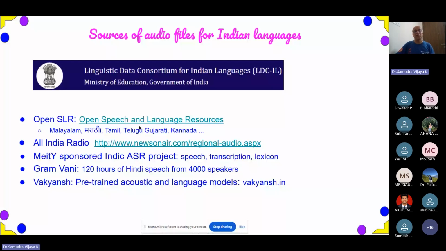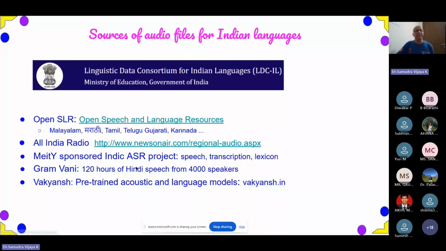All India Radio is another source. They transmit, they read news. And not only do they read the news, but the corresponding text is also there, because the news reader is actually reading a text in the native script. So All India Radio provides not only the audio, but also the transcription.